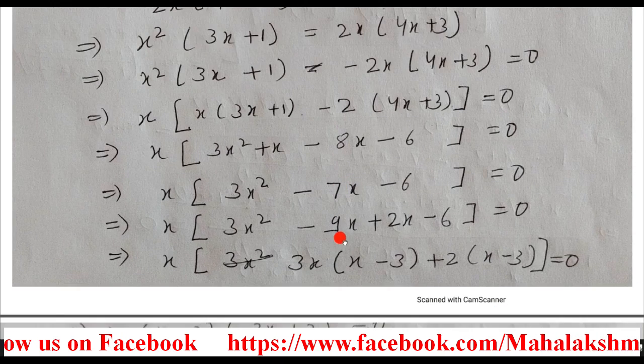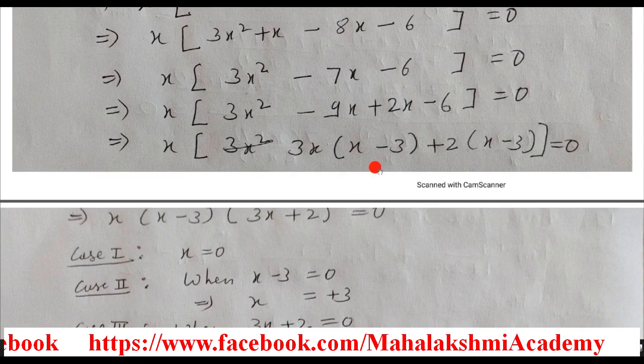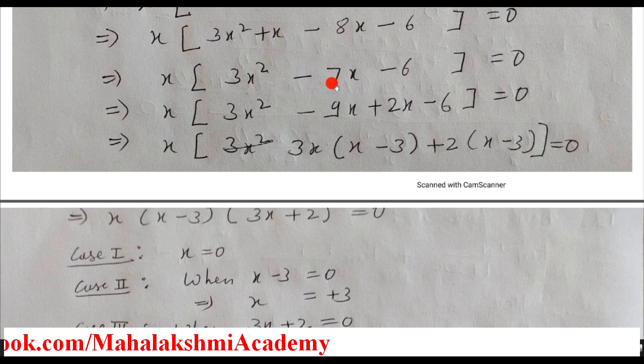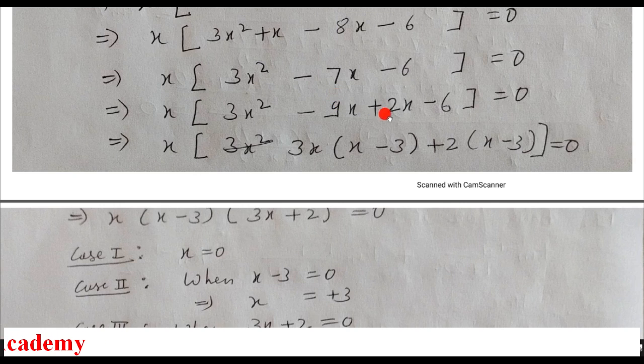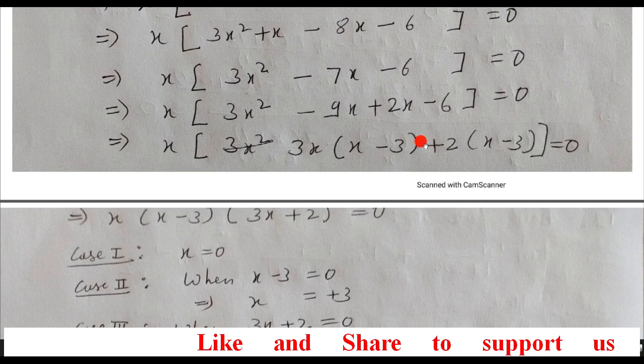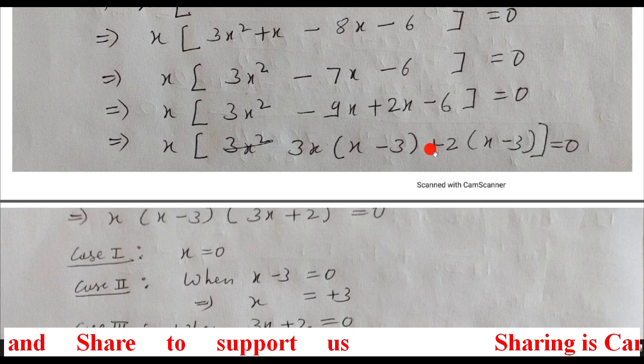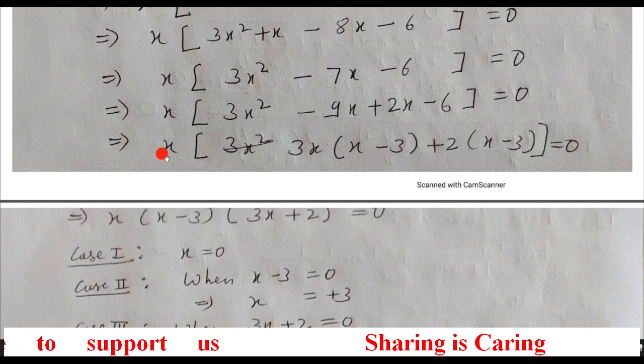Now this quadratic equation, you know how to solve quadratics. There are many methods. I opted for the splitting the middle term method, means the factorization method. So I split the 7x as 9x and 2x, and from here I took 3x common, from here I took 2 common, so that I can get the same brackets, and finally we obtained this x as it is.